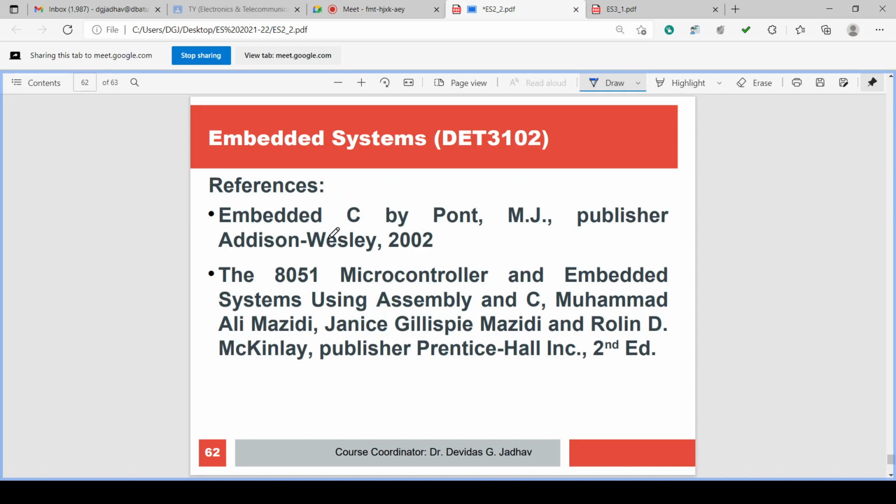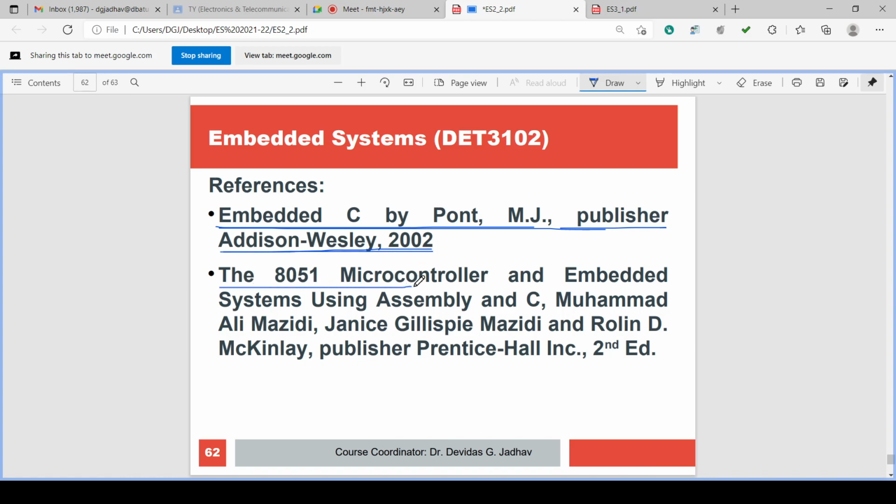These are the references. Embedded C by Pont M.J., publisher Addison Wesley, 2002.